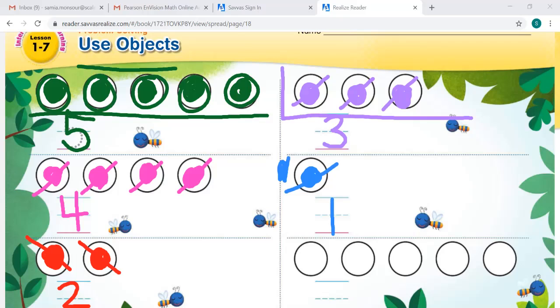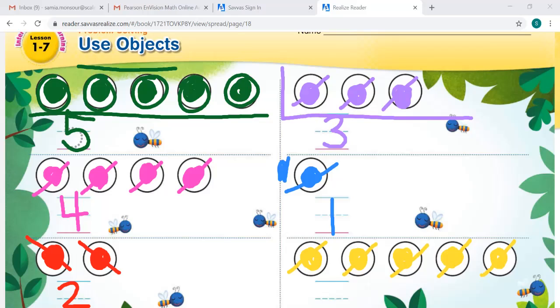All right, let's go to our last one. Pick a different color. All right, let's put our counters in here. In each circle, we're going to put our counter, and that way we can count and see how many we have. All right, let's start counting. 1, 2, 3, 4, 5.